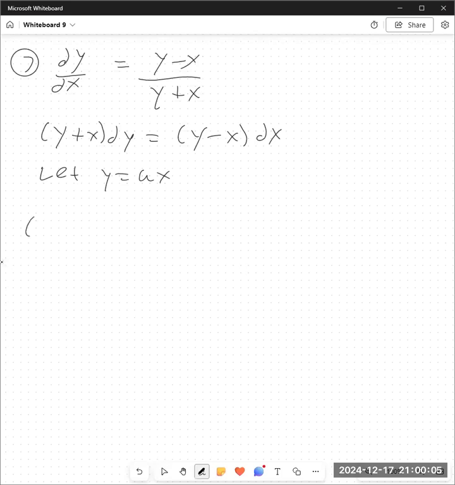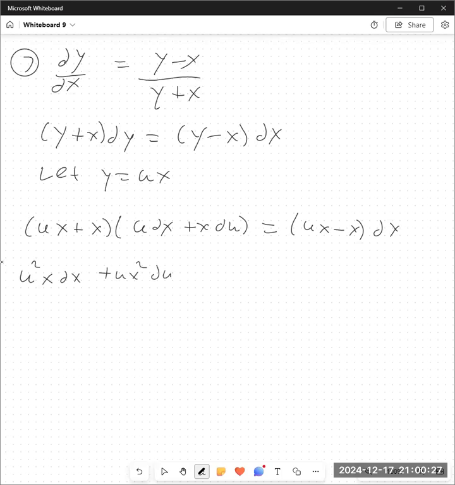And that's going to be ux plus x times u dx plus x du is equal to ux minus x dx. This is going to be u squared x dx plus ux squared du plus ux dx plus x squared du is going to be equal to ux dx minus x dx.